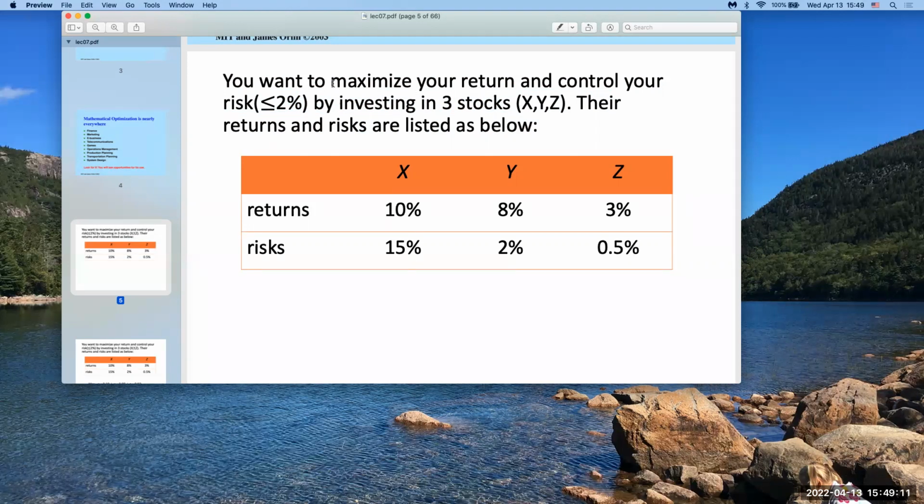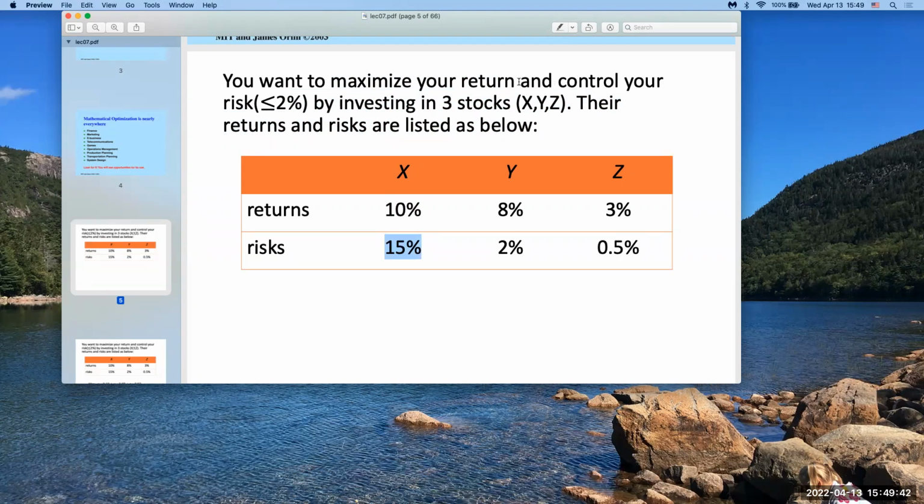We can maximize return and not control the risk, and in that case, you just invest in the stock with the highest returns. But everything has pros and cons. You get the highest return, which is 10%, but you get 15% of risk, which is not good.